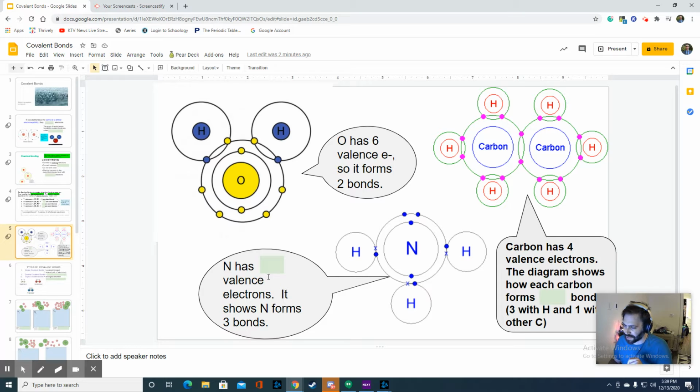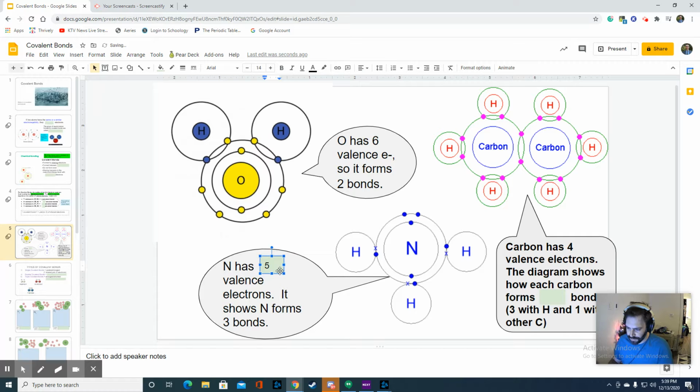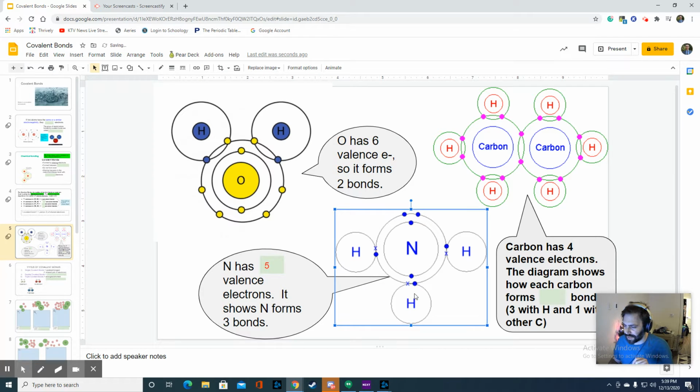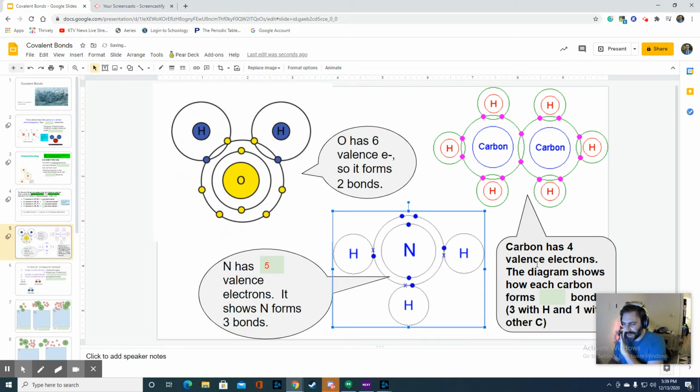So nitrogen has 5 valence electrons, and let me make that red. So it makes 3 bonds. 1, 2, 3. Carbon has 4 valence electrons, so it makes 4 bonds.